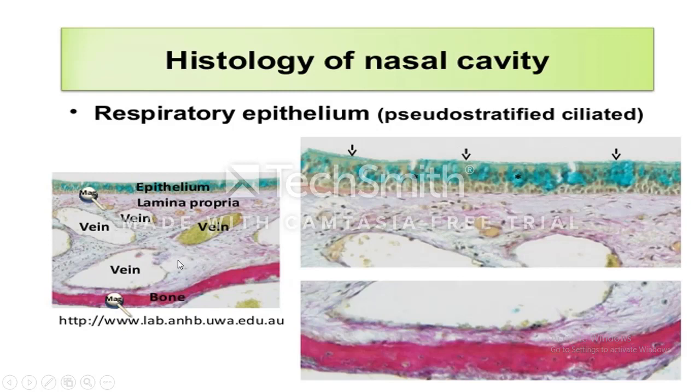These venule plexus or swelling bodies help to change air to warm air until this air go to lung, okay, and transfer oxygen, and then carbon dioxide go out of these nasal cavity.